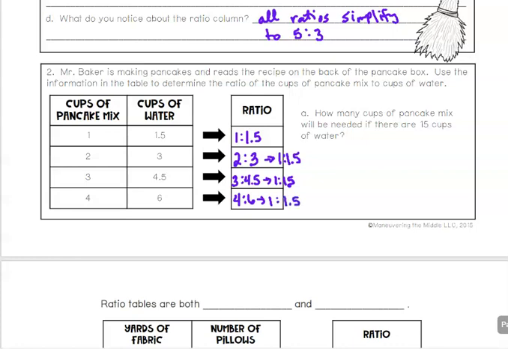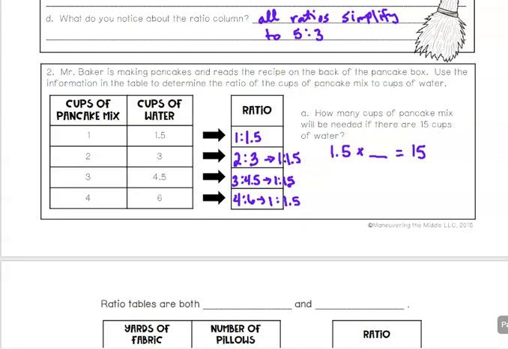All right, so it says how many cups of pancake mix will be needed if there are 15 cups of water? All right, so if I kept going and I got to 15, the easiest way to do this is to say, what times 1.5 would give us 15?